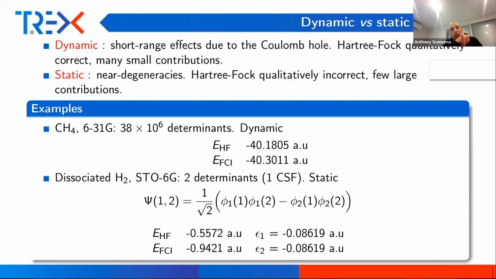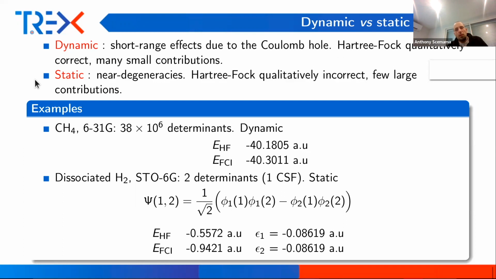With dynamic correlation, you will not change that much the Hartree-Fock picture, because you will have the Hartree-Fock density, and there will be just very local, small corrections for dynamic correlation. But static correlation is very different.